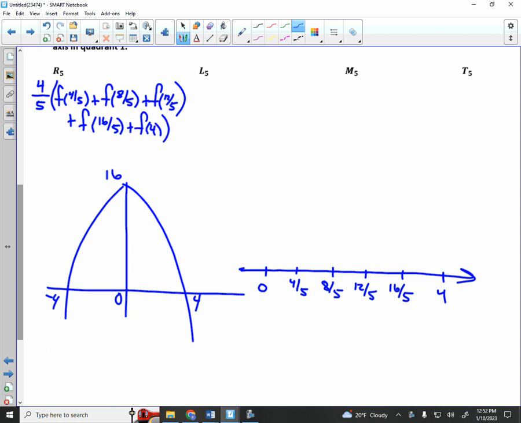Now, one way to check to see if you've made a mistake is I have 5 rectangles, so therefore I should have 5 terms that I'm adding up. If you have 6 in here, you know you made a mistake.